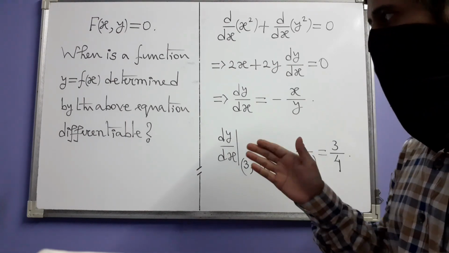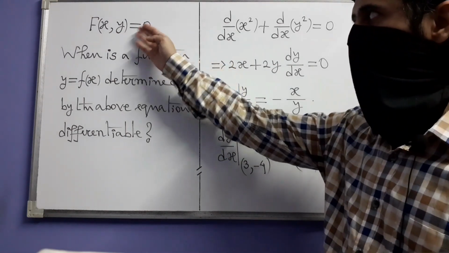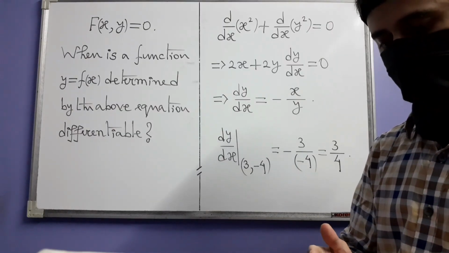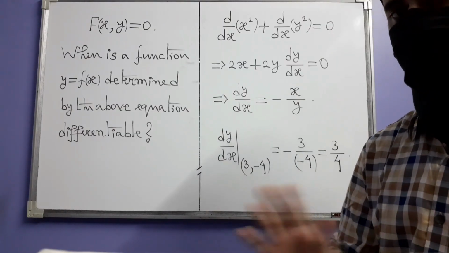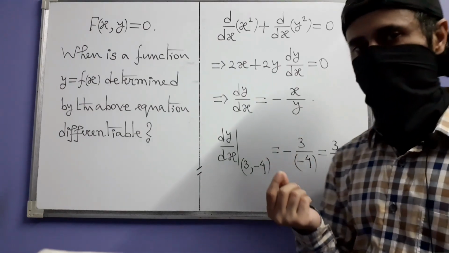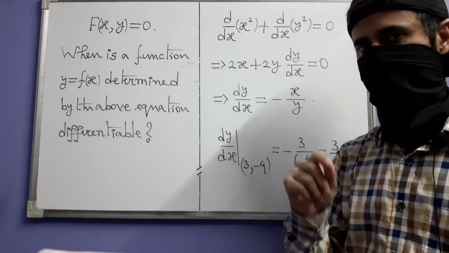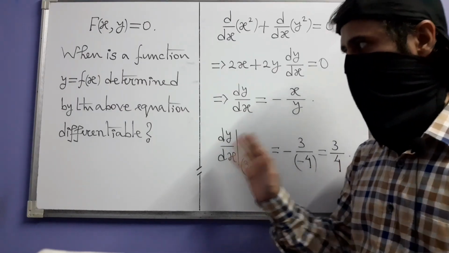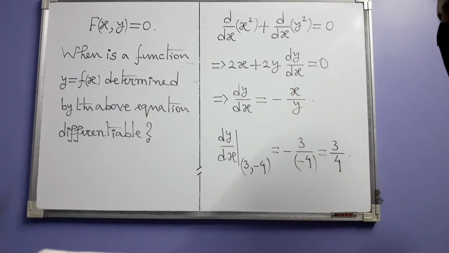So there should be some condition on the equation itself that will ensure that we are not doing differentiation carelessly. That if we follow implicit differentiation, we will get dy dx, but at the same time dy dx exists, and those conditions now I will write.